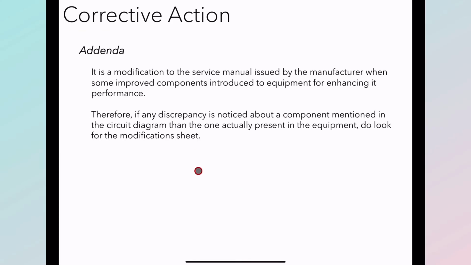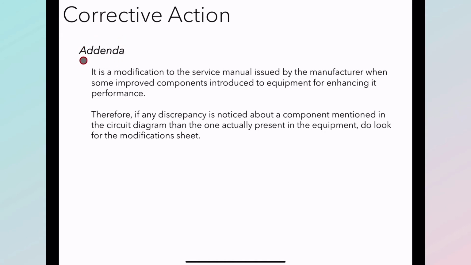And for all the specifications and details about the components in our electronic equipment, we must refer to the service manual. If we find a discrepancy, that the manual is stating something different and the components in our actual equipment seem different, then we should refer to a section called addenda or addendum.